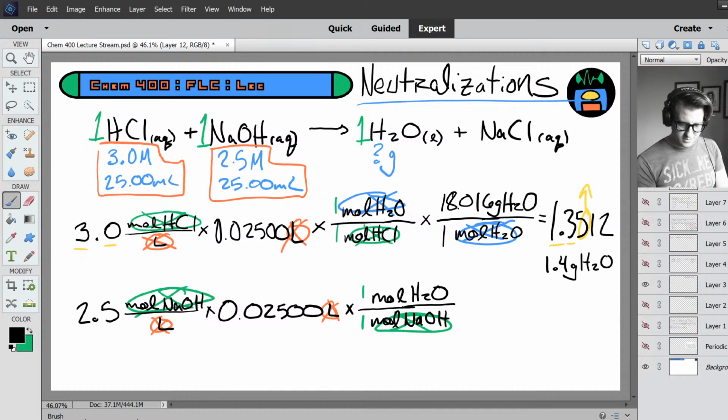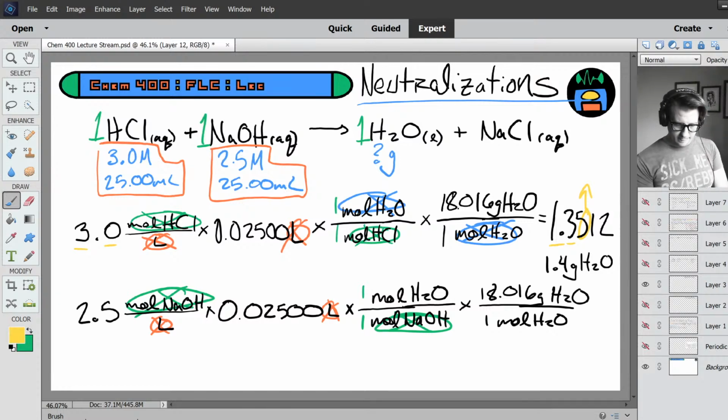Then finally, 1 mole of H2O has a mass of 18.016 grams of H2O. Moles of water cancels, and we are ready to crunch our numbers. So we have 2.5 times 0.02500 times 18.016.